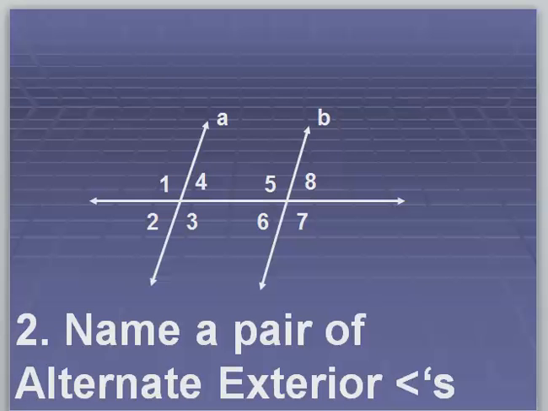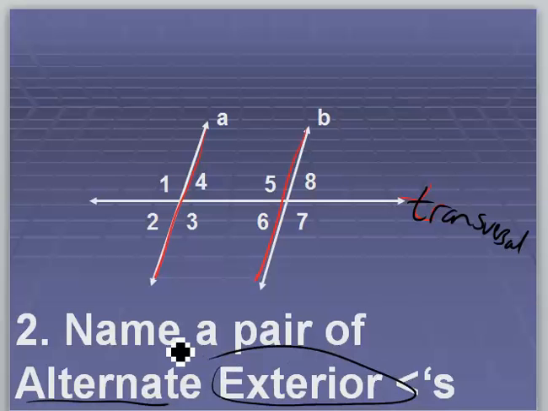Number 2, name a pair of alternate exterior angles. Make sure these are your lines, inside, outside. This one is your transversal because it's the one that intersects the other 2. Alternate exterior angles, opposite sides of the transversal, outside the 2 lines.